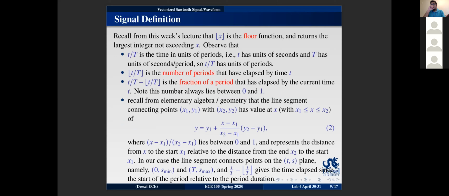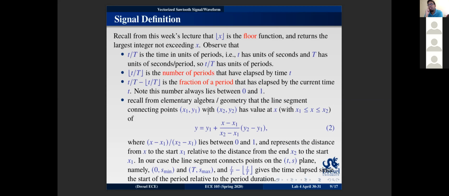Okay? And this is the mathematical part that I was telling you about. So from geometry, a line segment connecting 2 points, x1, y1 and x2, y2.